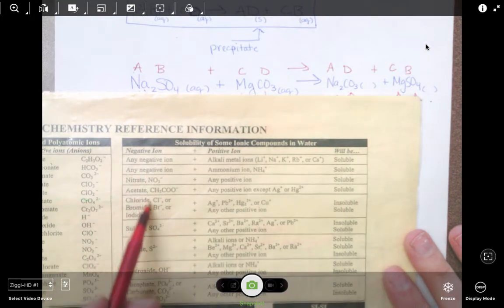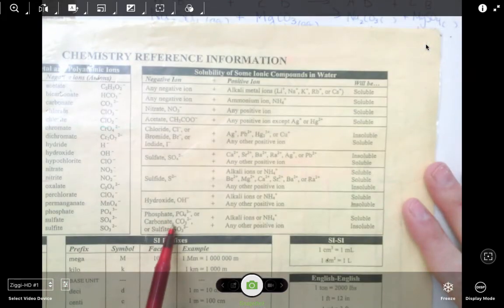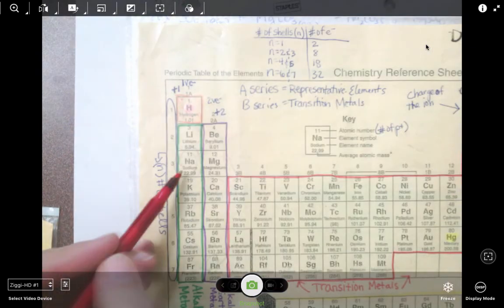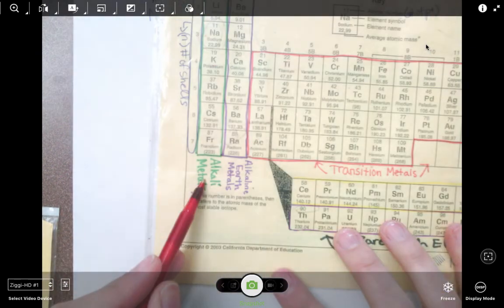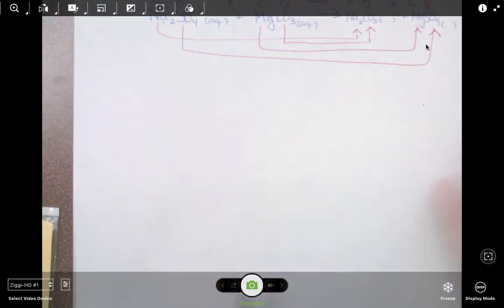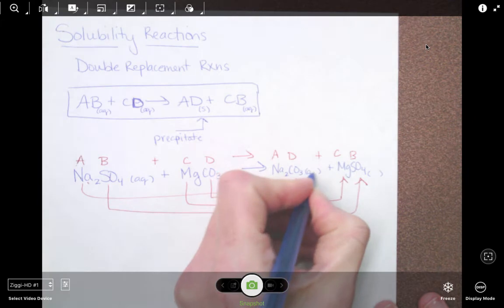Over here on this column, you look for your negative ion, which would be carbonate, that's your anion, and down here is carbonate. So carbonate plus any alkali ion or ammonium is going to be soluble. Well, sodium is a group 1 alkali metal. Therefore, carbonate plus an alkali ion, meaning sodium, is going to be soluble. Therefore, sodium carbonate is going to be aqueous.